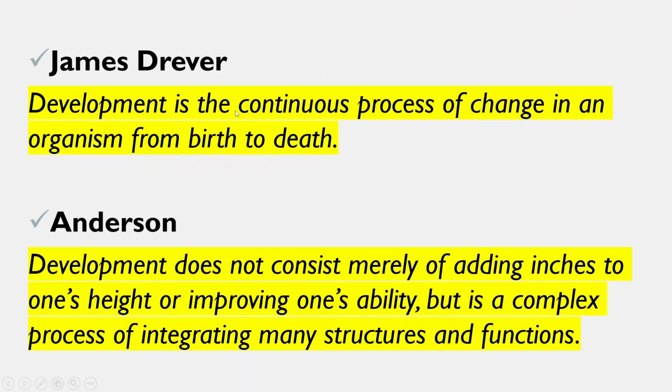James Drever ने कहा it is the continuous process of change in an organism from birth to death. However, what change? He didn't mention it. Anderson: development does not consist merely of adding inches to one's height or improving one's ability, but is a complex process of integrating many structures and functions. So, the most comprehensive definition is given by Anderson.